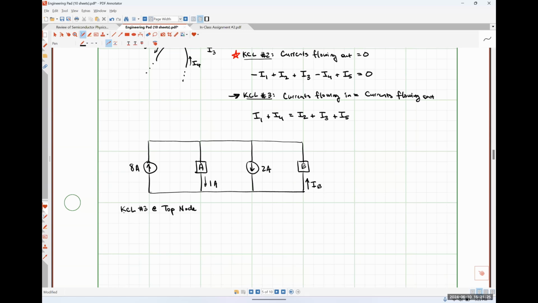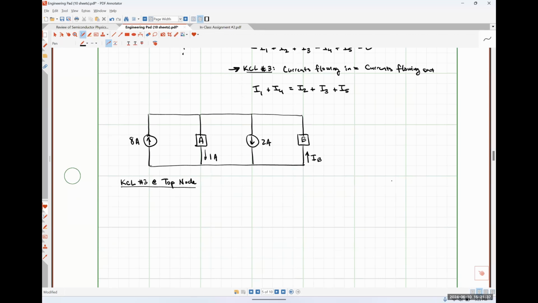So that means that all of the currents that are flowing into the top node has to be equal to all of the currents that are flowing out of the top node. All right. So 8 amps of current is flowing into the top node. The 1 amp is flowing out. 2 amps is flowing out. IB is flowing in.